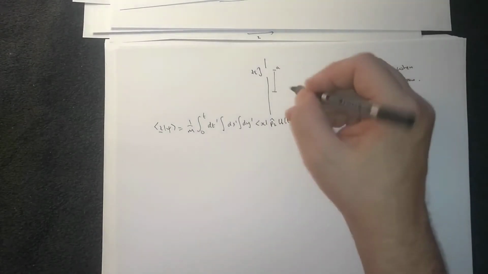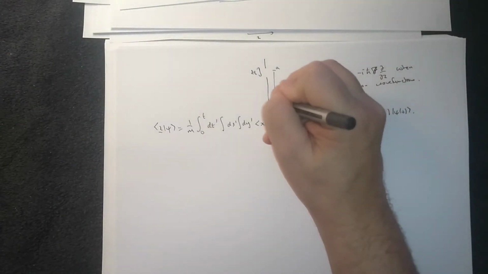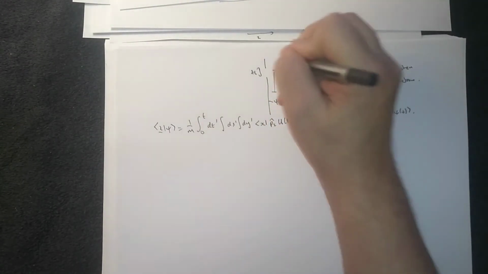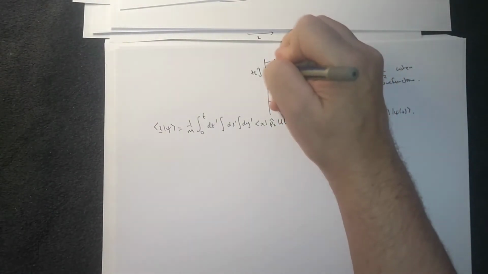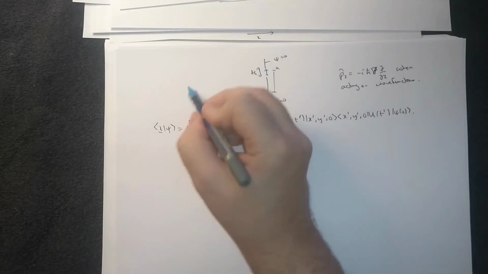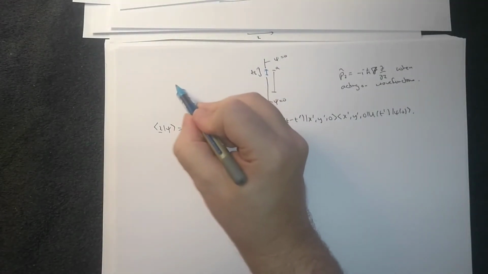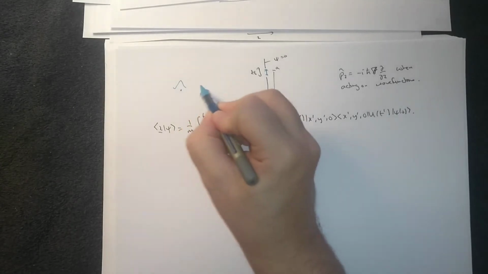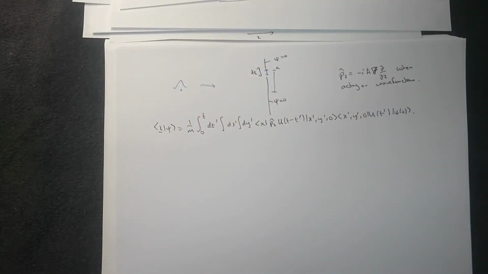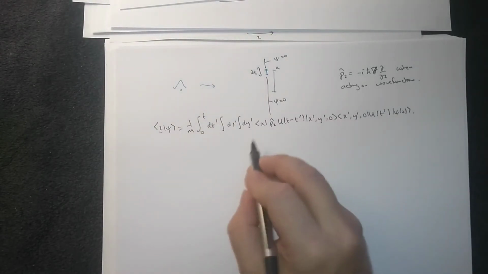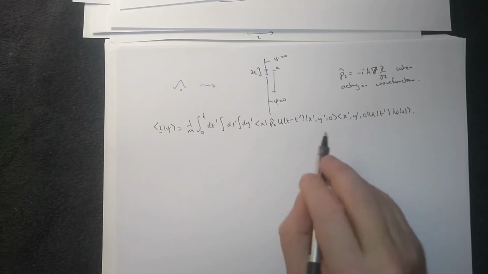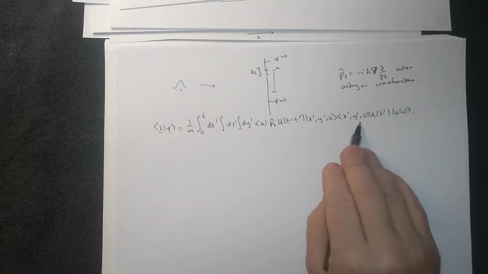And I'm going to assume that on the barrier, psi is 0 here and here, and on this part it's going to be given by the value that you get from just evolving the Gaussian wave function up to the barrier. That explains why we get the integral dx dy of this thing here.